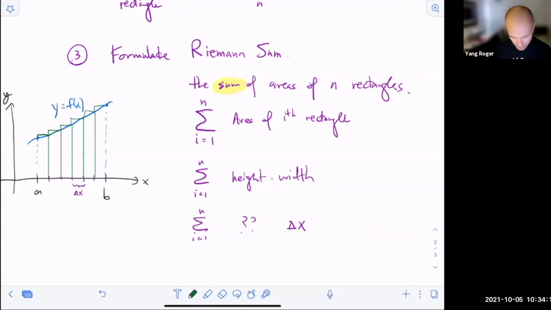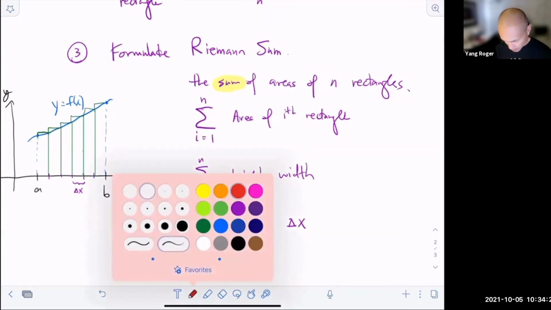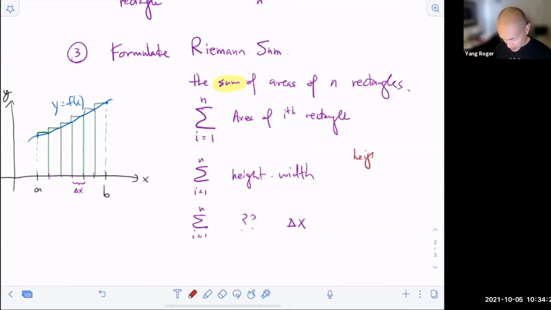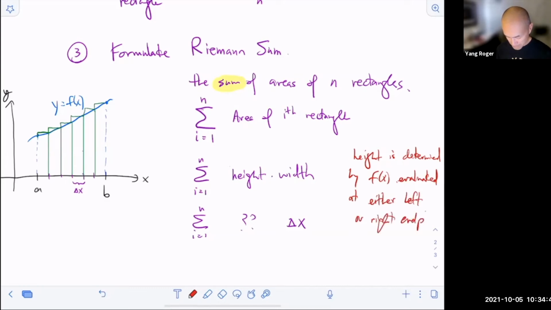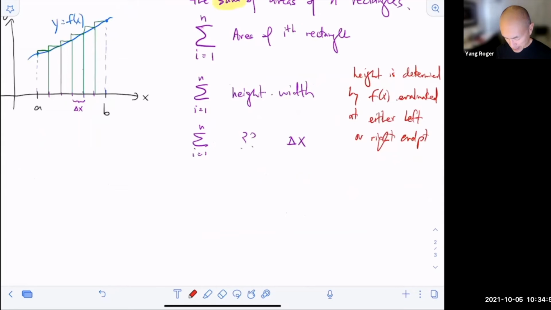But in general, I would say that the height is determined by the function evaluated at either the left or right endpoint. So when we don't want to specify, we're going to use xi star.